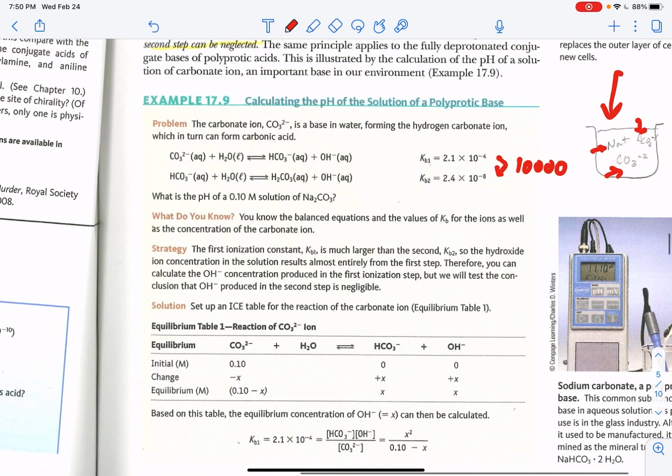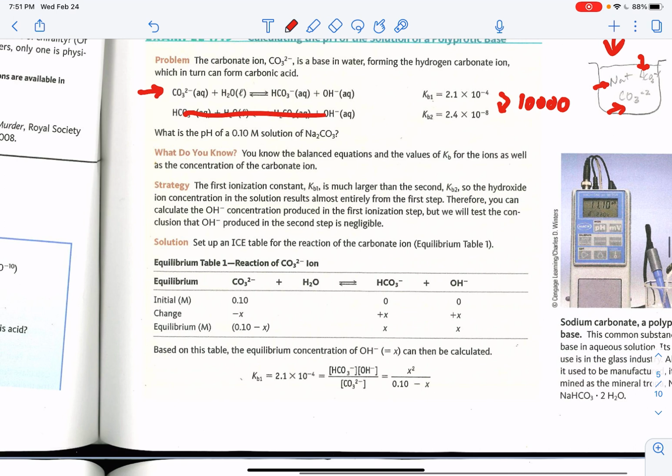So we need to have an operational equation, and the operational equation is simply going to be this one right here. The carbonate ion is going to hydrolyze. We can pretty much ignore what happens in the second step because it's a factor of 10,000 times less, and therefore we'll just focus on that.